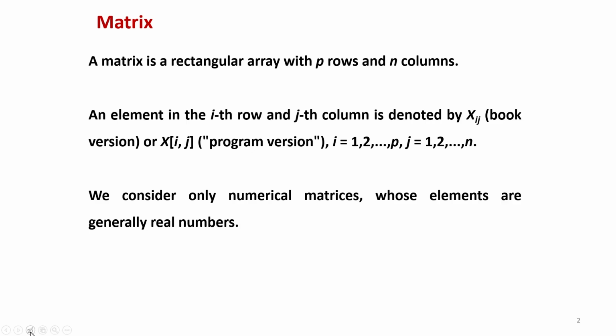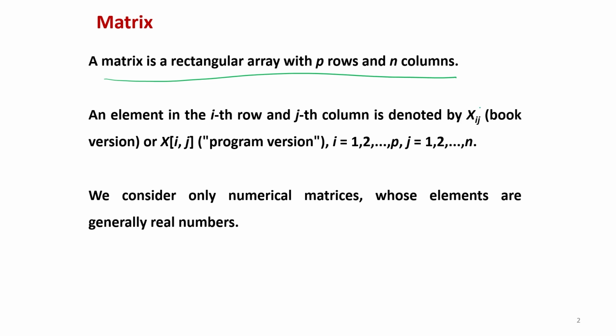Firstly, let us try to understand what a matrix is. A matrix is a rectangular array in which there are a certain number of rows and a certain number of columns. Say there are p rows and n columns. All the elements in the matrix have an address denoted by their location in the ith row and jth column.